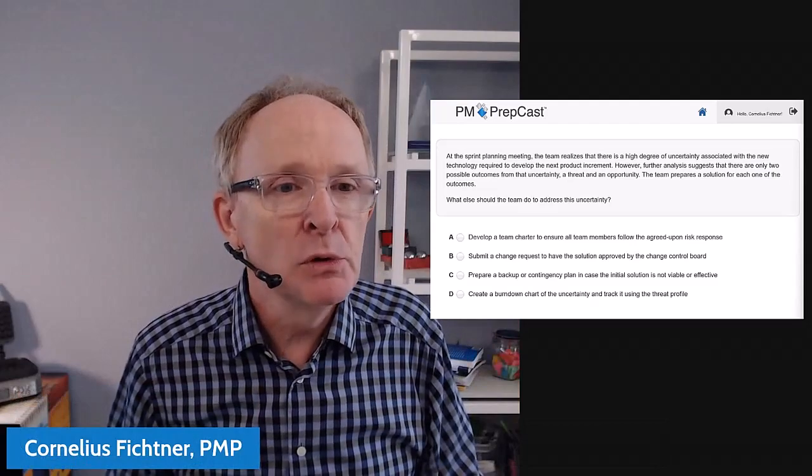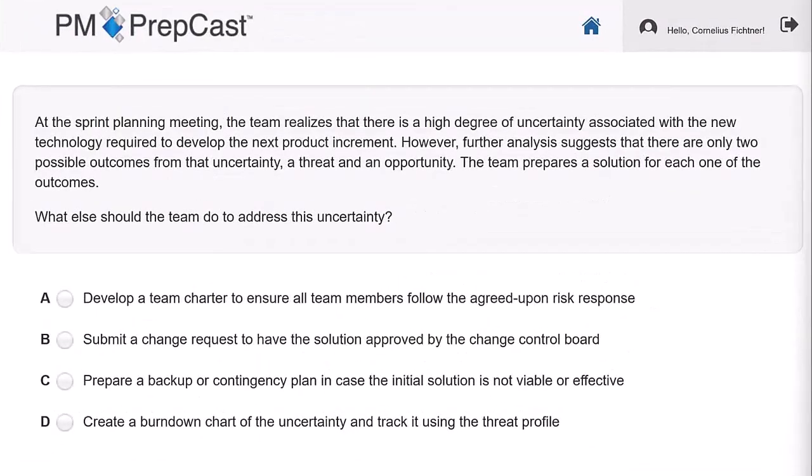All right, let us move on to our next and final question in this lesson. At the sprint planning meeting, the team realizes that there is a high degree of uncertainty associated with the new technology that is required to develop the next product increment.